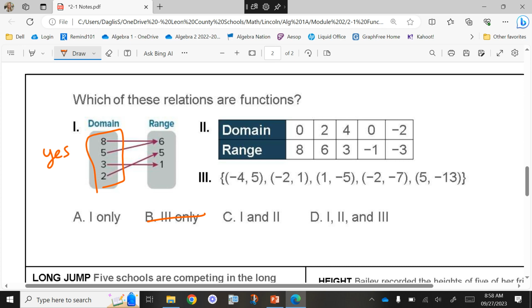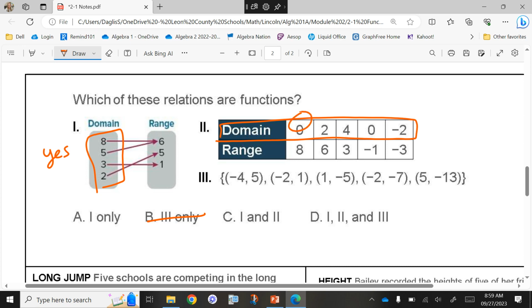Relation number 2. So my domain is 0, 2, 4, 0, -2. My range is 8, 6, 3, -1, -3. What did you focus on? Just your domain. Good. And what did you see? You have 2 of what number?